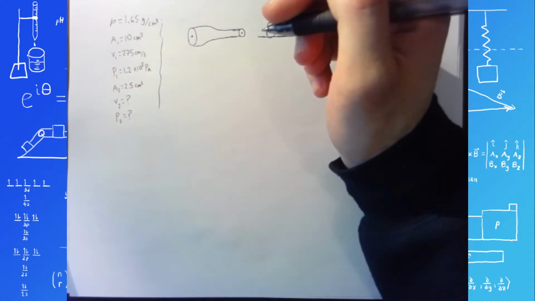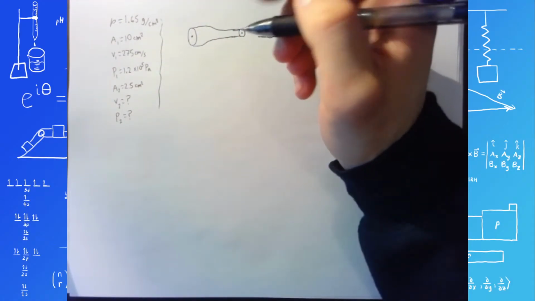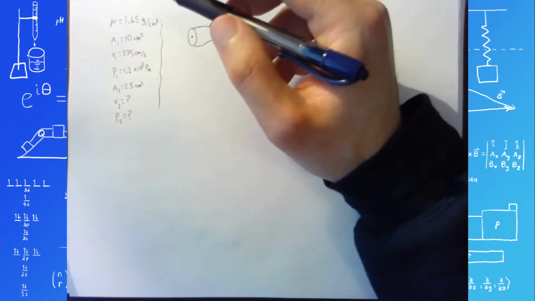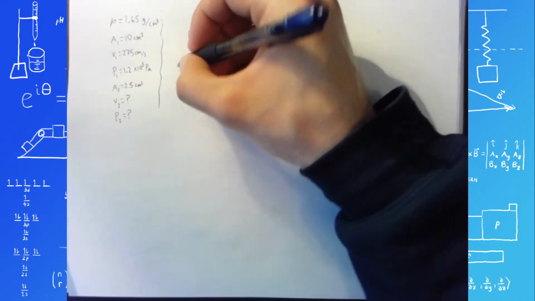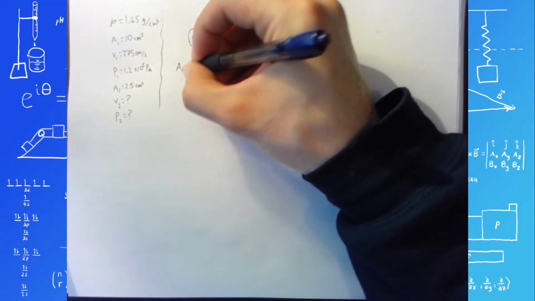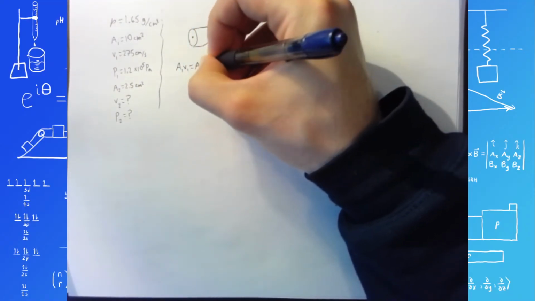So to get V2, we don't even need Bernoulli's equation. We can just use the continuity equation. So the first part should be easy enough. A1V1 equals A2V2.